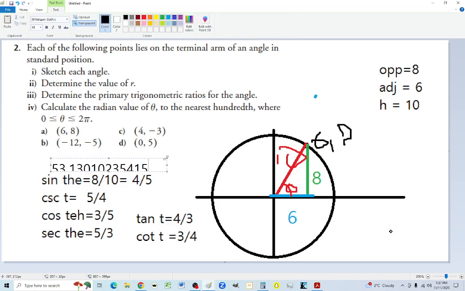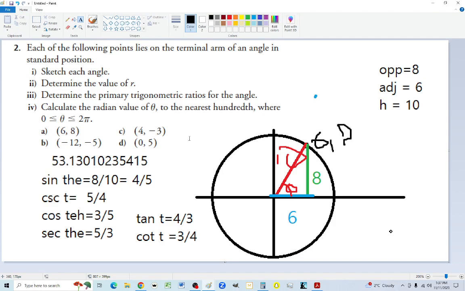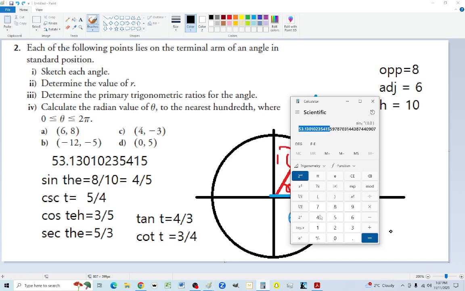Now what's interesting is I can take any of these values, and I will get the same answer. For instance, if I take 5 divided by 4 and hit the arc cosecant, I will get the same angle.